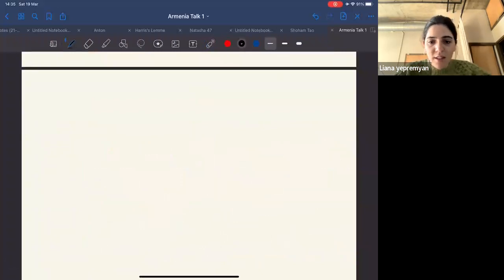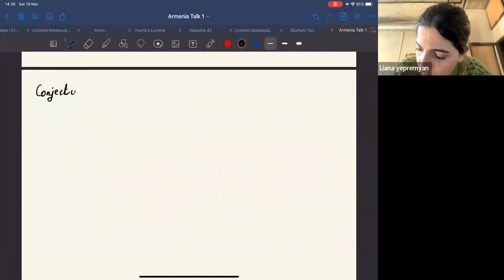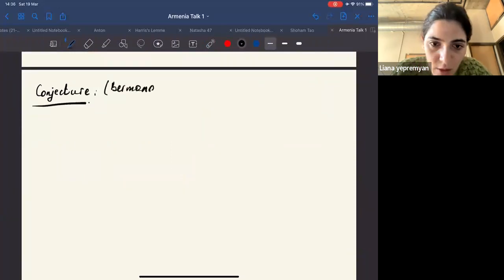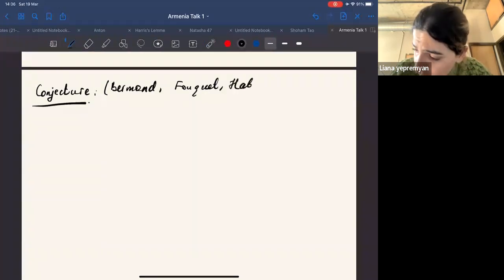Okay, so this is a conjecture by Vermont and Fouquet and Habit and Perroche.